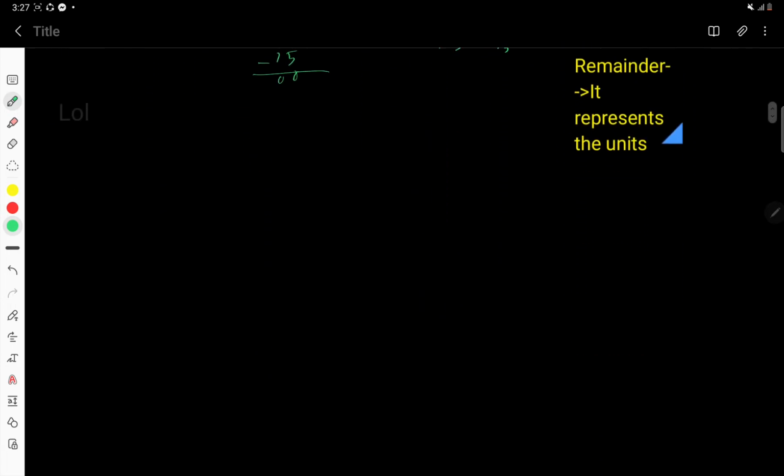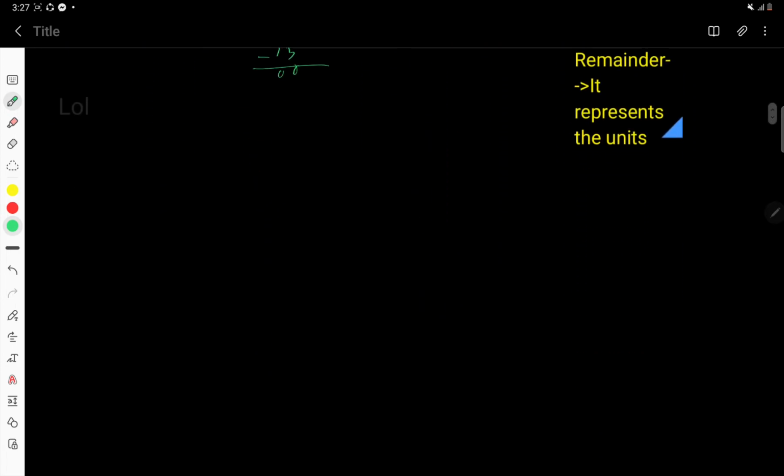So let us take another example and repeat the process. Here we have to divide 74 by 3. Our first step is to divide. 3 goes into 7 how many times? 3 times 1 gives us 3, 3 times 2, just add 3, 6. 3 times 3 gives us 6 plus 3, 9.